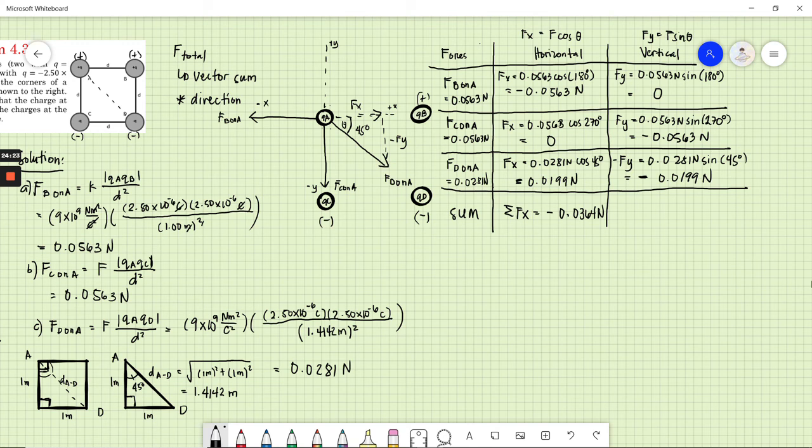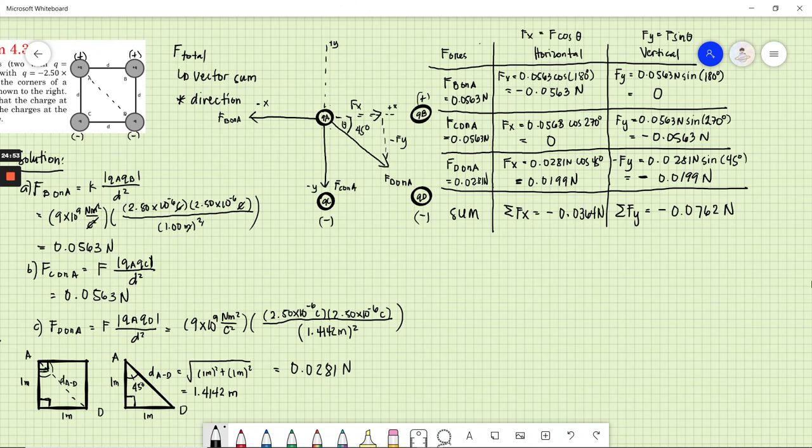Next, we're going to do the same thing, the sum of all Fy: 0 plus negative 0.0563 newtons plus negative 0.0199 newtons. This tells us that our Fy is negative 0.0762 newtons.